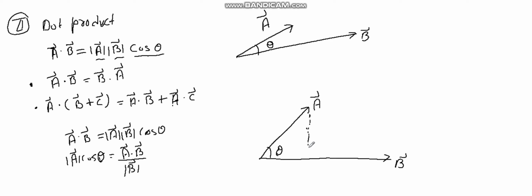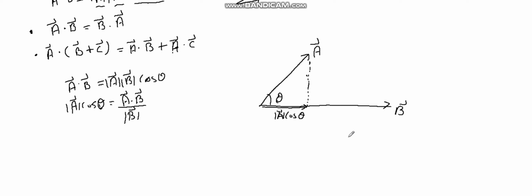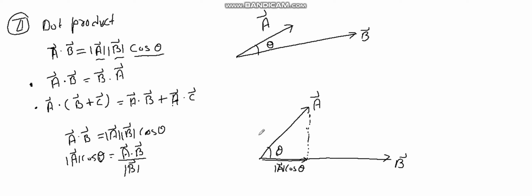This is actually the projection of A over B, the A cos theta in the direction of the B vector. So what does the dot product actually represent physically? It says that the dot product of A and B is nothing but the projection of A over B times the magnitude of B.